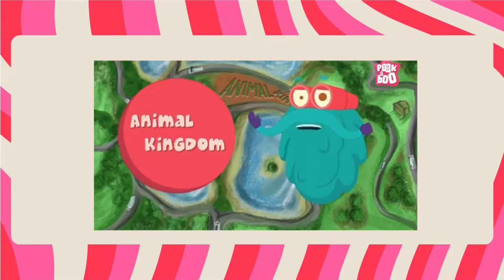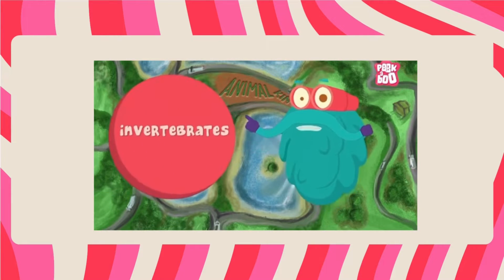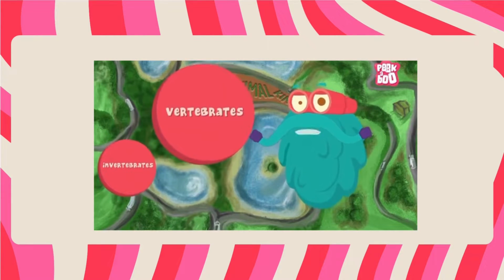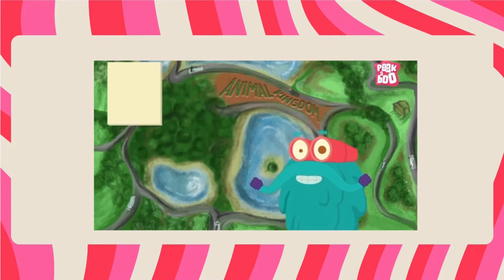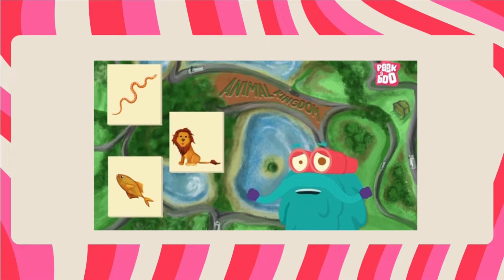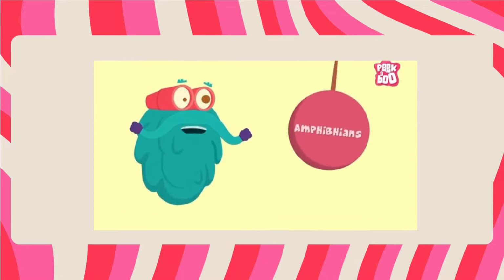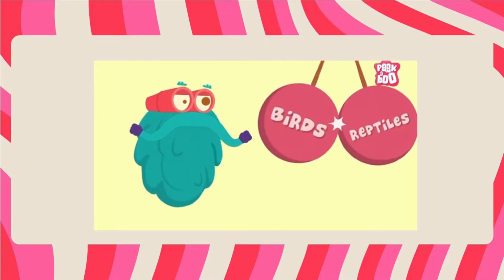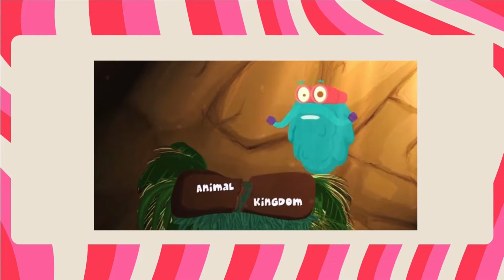The animal kingdom is divided into two groups, invertebrates and vertebrates. But today we'll talk about the vertebrates. The animals with a backbone are called vertebrates, which are further split into smaller groups. Amphibians, reptiles, birds, and mammals, invertebrates.